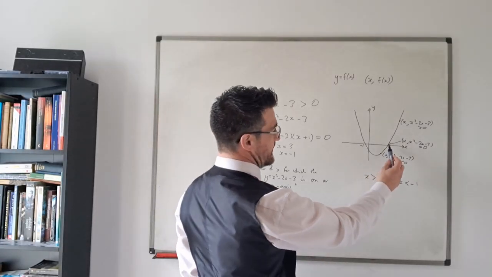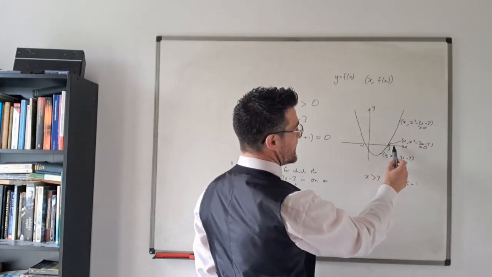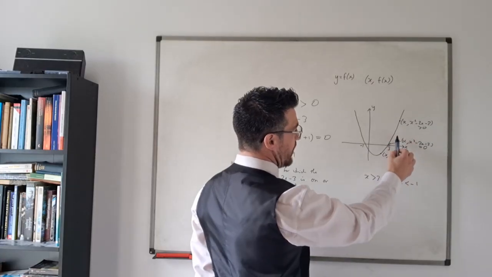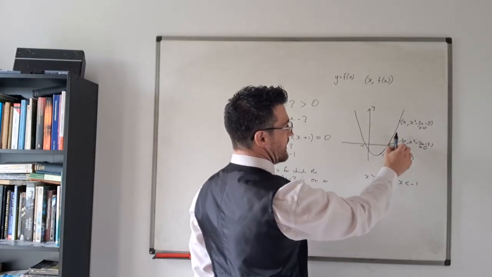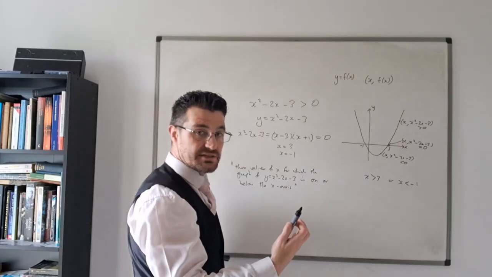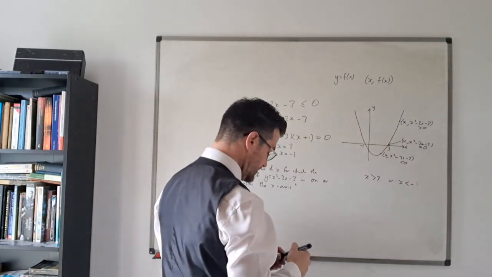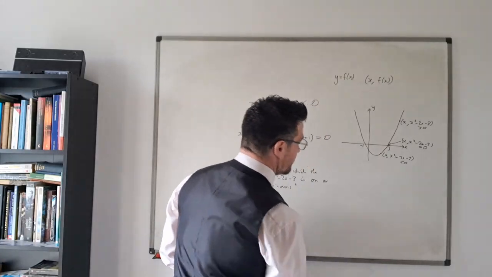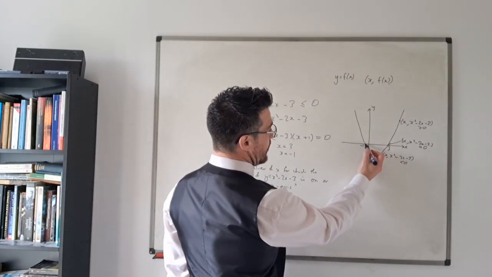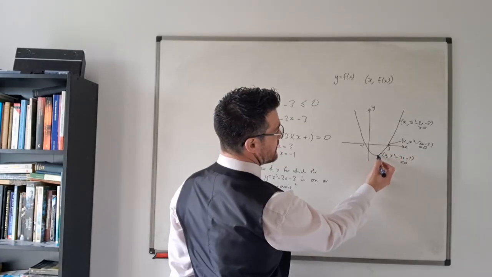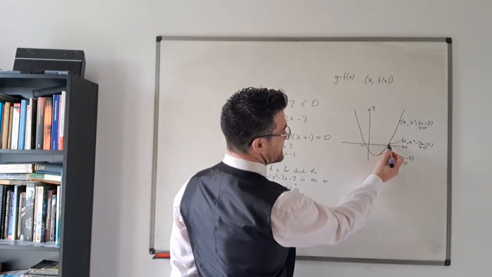Okay, I can see that values of x greater than 3 correspond to points that are above the x-axis. Change it to less than or equal to 0. What do I get? Well, that's the points that are on or below the x-axis. So it's these values of x in here.